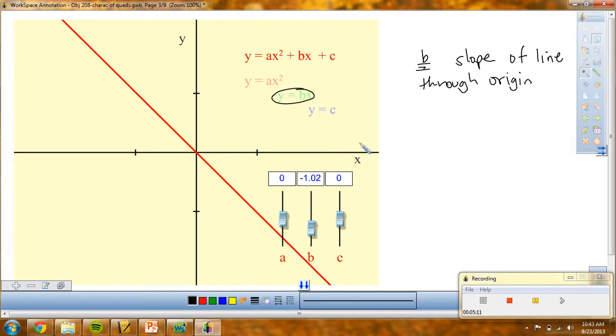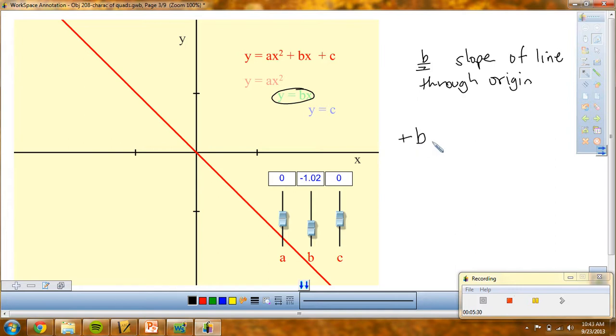Alright, so this gets tricky because we deal with curves, and so we will see how this slope impacts our parabola, but it's a little different depending on every case.